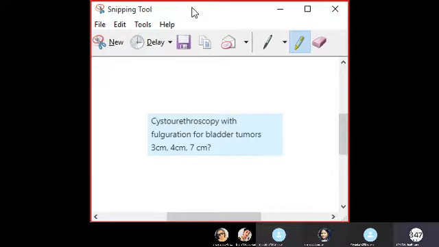So three bladder tumors are present. It's 52235, then 52235-59, and 52240-59. Give your answers.